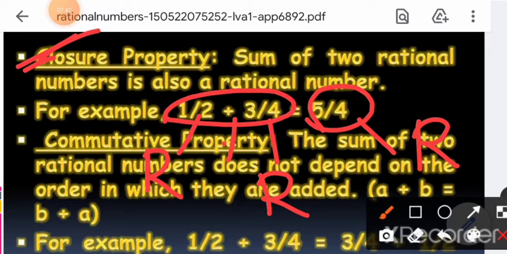It means the sum of 2 rational numbers is also a rational number. It is the closure property, so the closure property is fulfilled for addition.